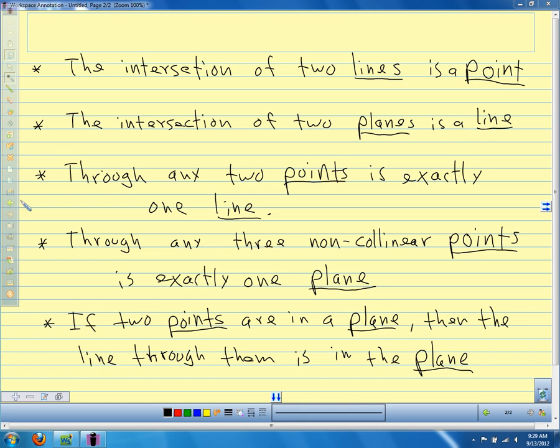We use these to represent it, but this isn't actually a line because it does have some thickness. This isn't actually a point because it's about as big around as my thumb, and we said a point had absolutely no size. So the point and the line are an ideal. They're perfect. They're completely thin. They're completely small. We draw them like this so that we can visualize them, but these aren't actually the actual things. Does that make sense?